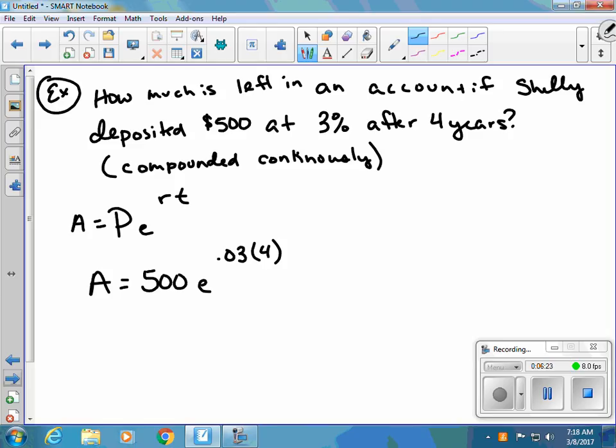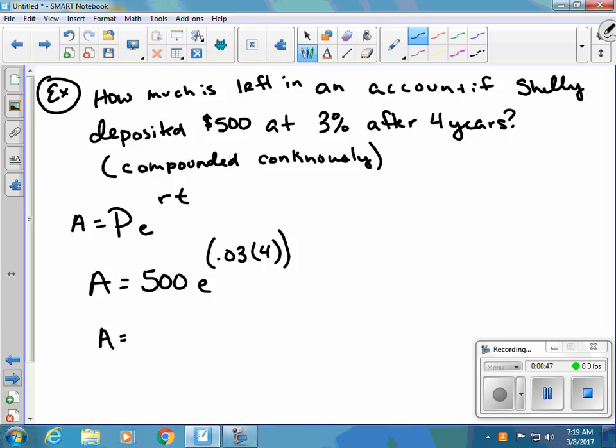It just depends on your specific type of calculator. Otherwise, you can just plug this right into your calculator. Make sure when you're doing the exponent that you have all of the 0.03 times 4 in the exponent spot. Some people get goofed up with this.